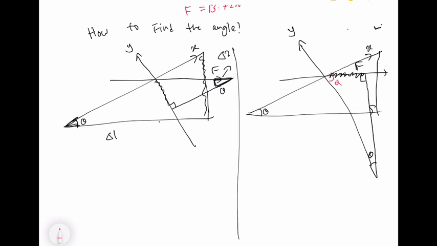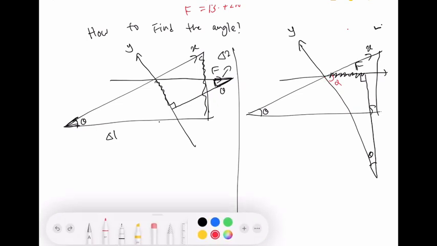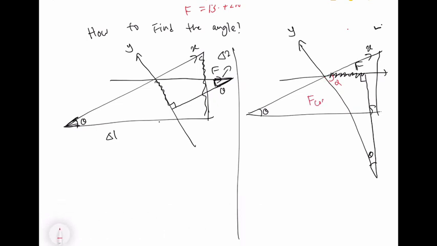So my value on this side of the triangle will be F cos alpha, and the orthogonal component is F sine alpha.